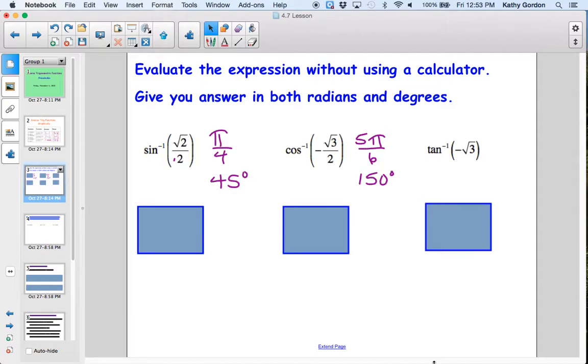So in case that's not clear where you're sitting, it is an inverse tangent of a negative square root of 3.